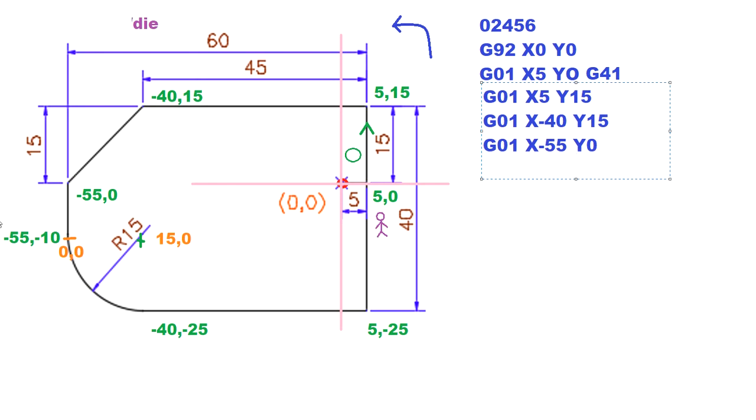From this point to this point, G01 X minus 55 Y minus 10. So from this point to this point, the wire will move using counterclockwise direction.